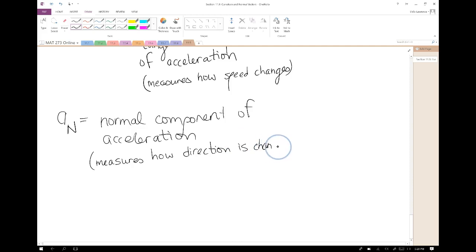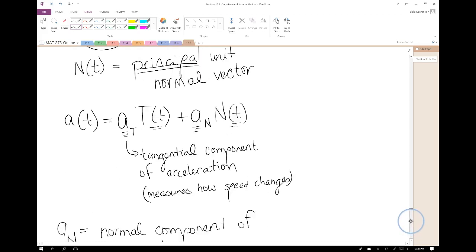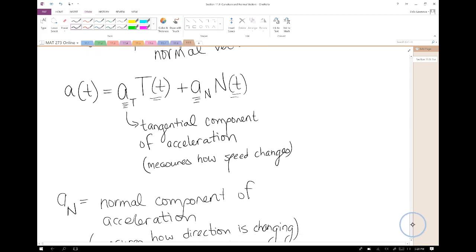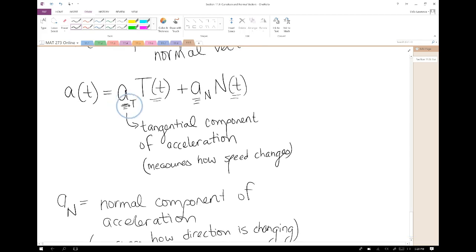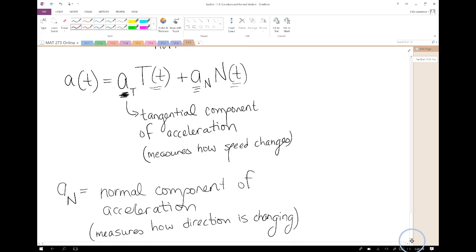And if you remember back a long time ago when we talked about projections, we had something called scalar projection, which means I don't really need to know the direction of my projection. I just want to know how big the projection is.